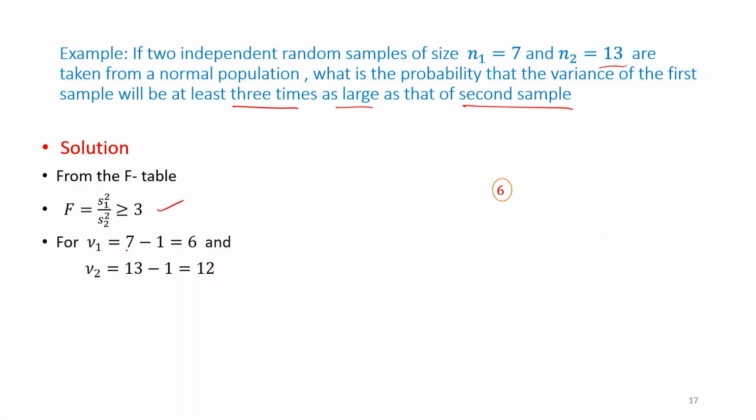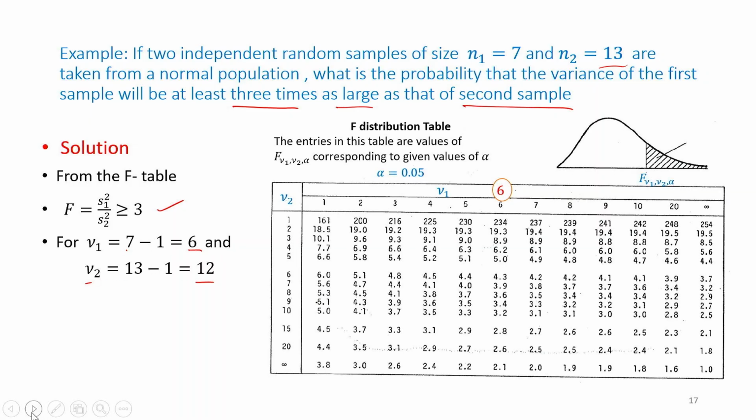For nu1 equal to 6 and nu2 equal to 12, we find out from this F table. The graph is shown, and here nu1 values are quoted 1, 2, 3, 4, 5, 6, and nu2 values are there along this column.